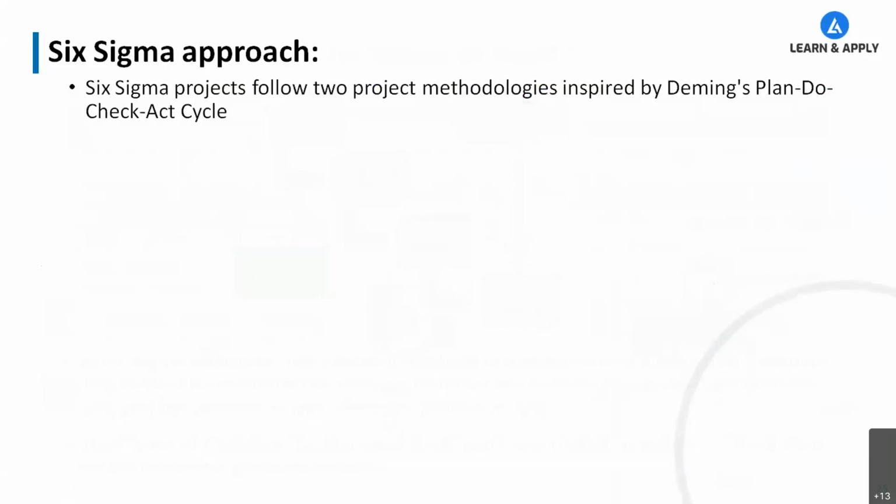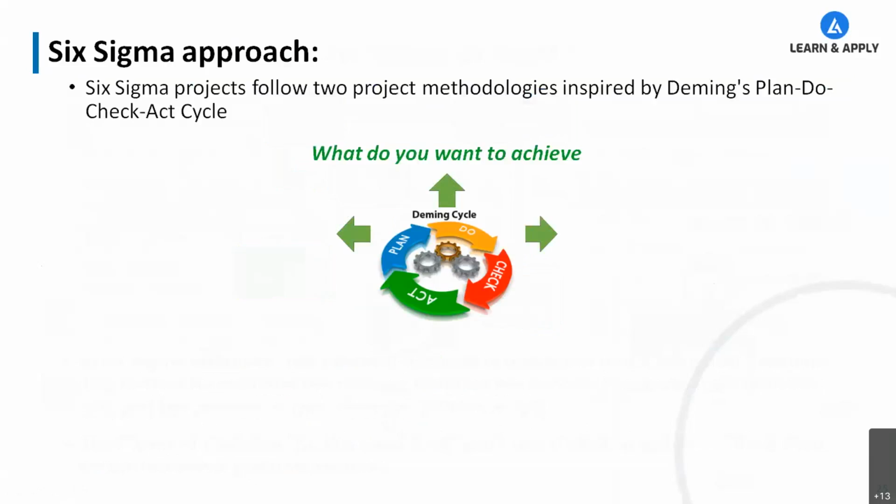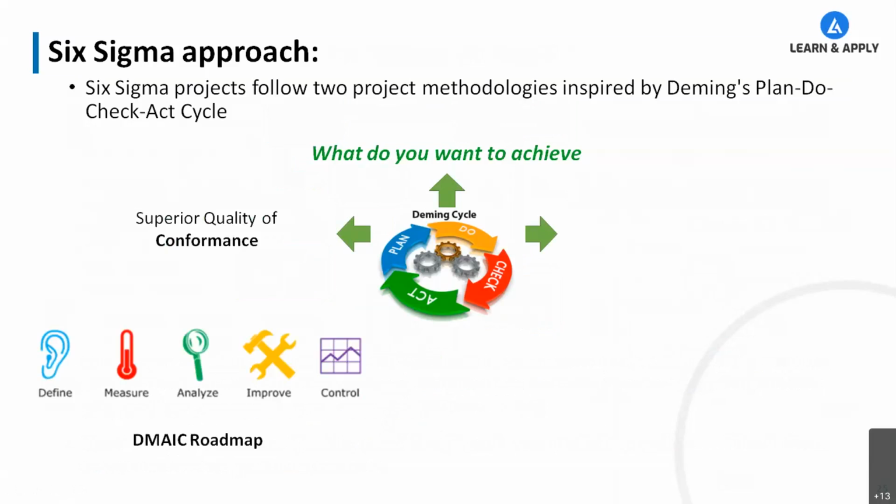There are two major methodologies that we use in Six Sigma, and they are inspired by Deming's Plan, Do, Check, Act cycle, also called the Deming cycle or PDCA cycle. Inspired from that, we have two methodologies. First is the DMAIC roadmap or DMAIC methodology, used whenever you want to give superior quality of conformance. It is define, measure, analyze, improve and control.